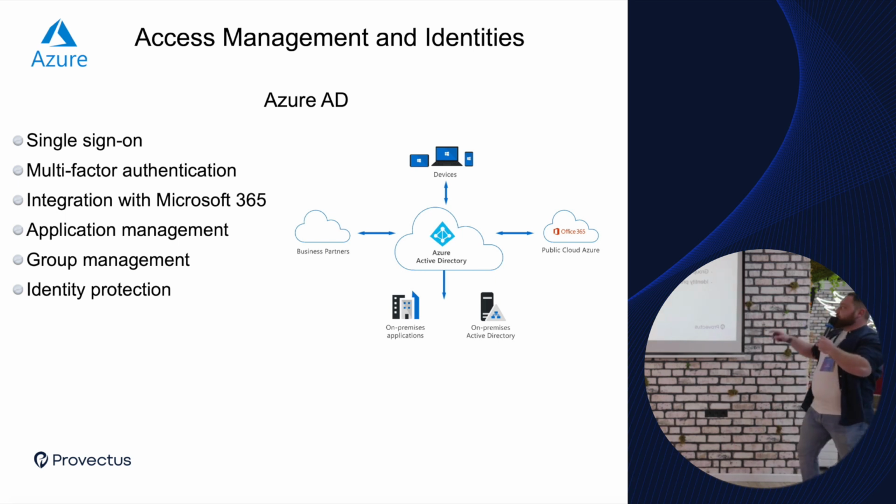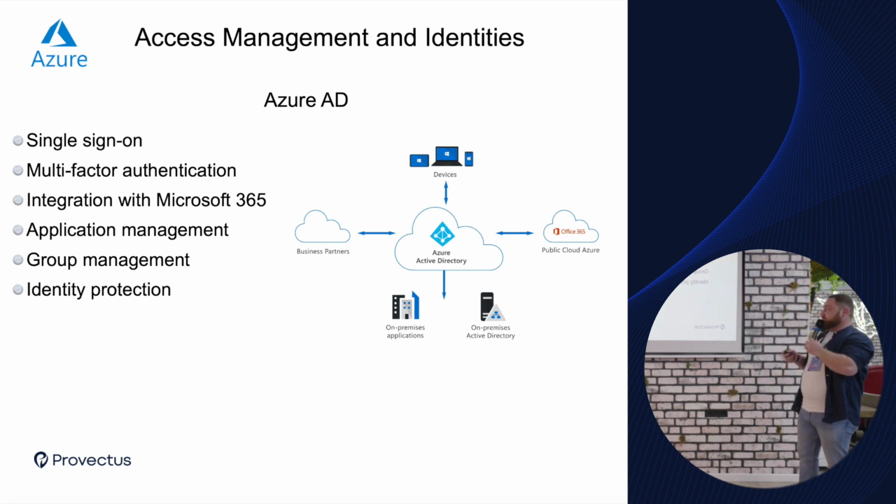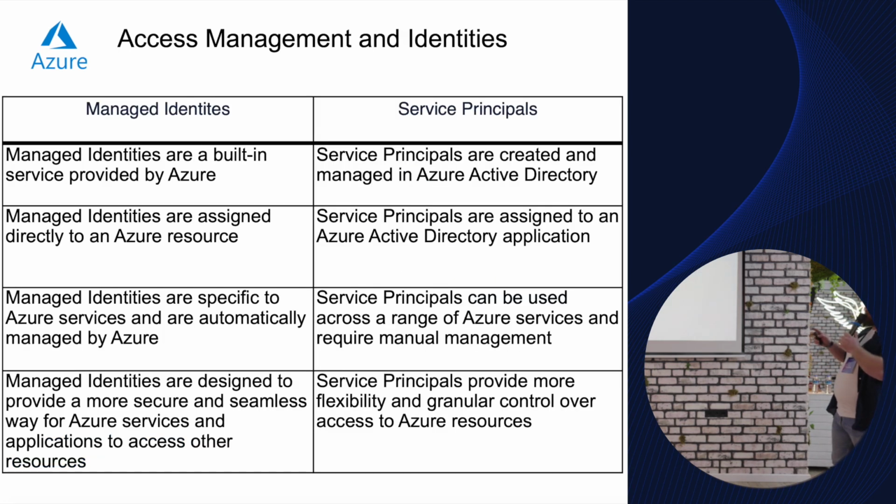It has application and group management, identity protection. About Azure Active Directory, we could talk a day because it provides a lot of cool services. But today we will just skip it, with the understanding that this is one of the best tools that Azure provides. And we will talk about some parts of access management: managed identities and service principals.